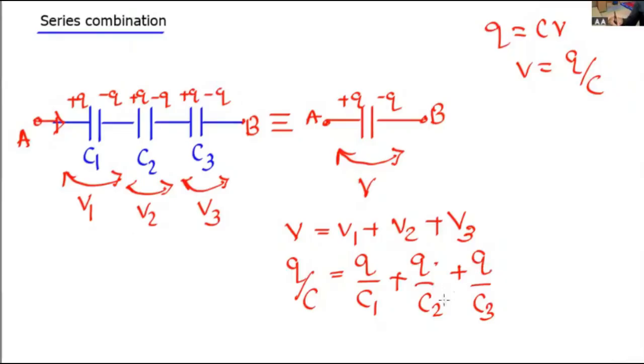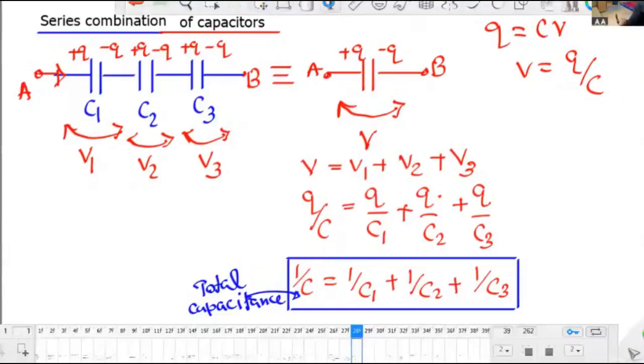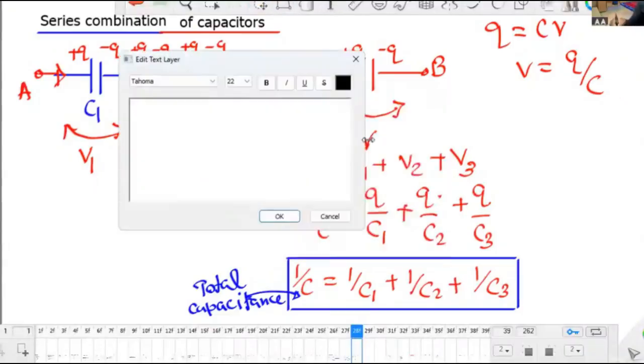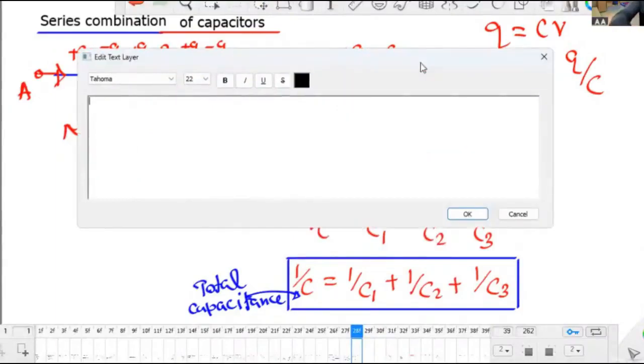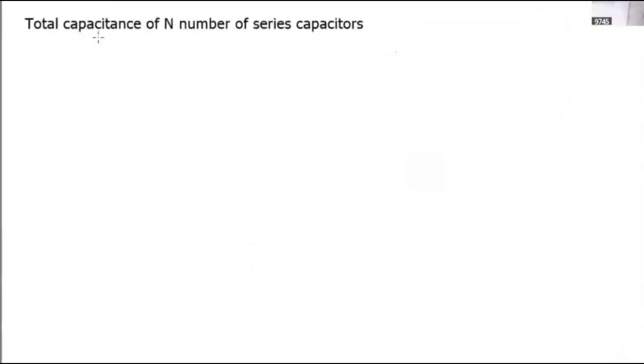Then 1 over C equals 1 over C1 plus 1 over C2 plus 1 over C3. This is the equation for the series combination of capacitors. අපිට equation එක ලියන්නත් පුළුවන්: the reciprocal of total capacitance equals the sum of reciprocals of each capacitance. Reciprocal means පරස්පරය, හරි, 1 over.